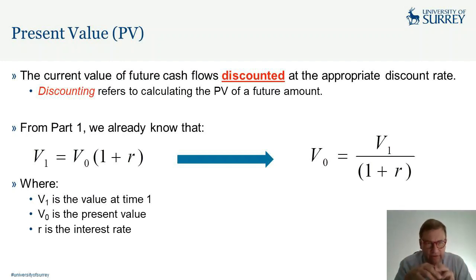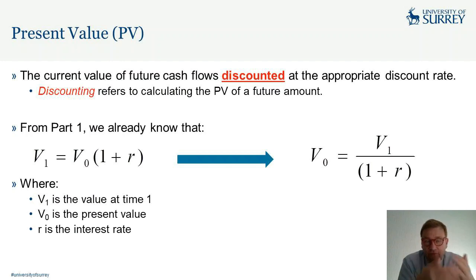The current value of future cash flow or cash flows discounted at the appropriate discount rate. And discounting refers to calculating the present value of a future amount. So if we know from the very first part of our lecture that V1 equals V0 multiplied by 1 plus r, if we want from this simple formula to find V0, what do we do?